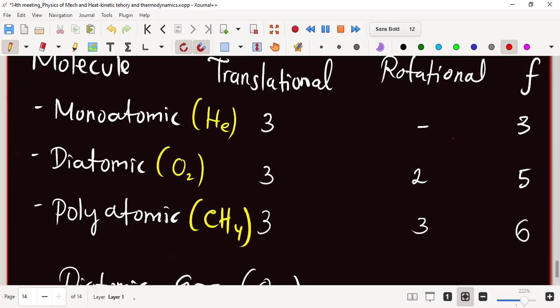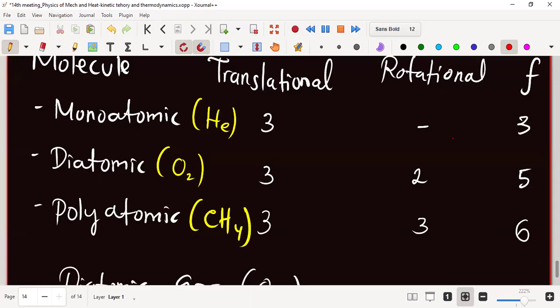Monoatomic gas only has three translational degrees of freedom, because x-axis, y-axis, and z-axis, but it doesn't have rotational degrees of freedom, so the total degrees of freedom is three. And for diatomic gas, the translational degrees of freedom is three, and then the rotational has two degrees of freedom, and the total is five.